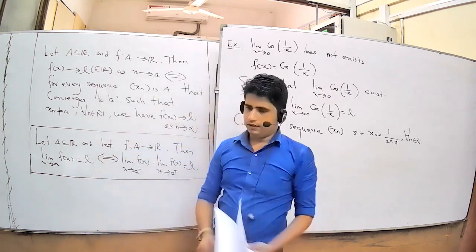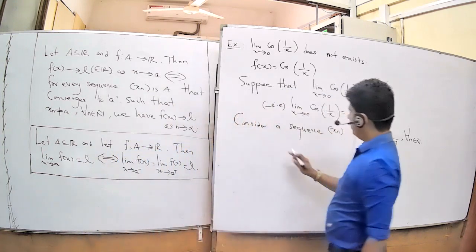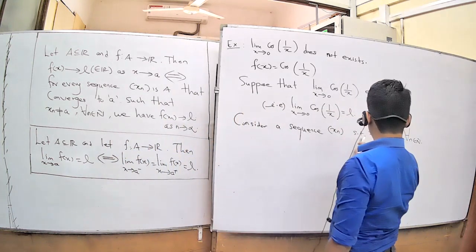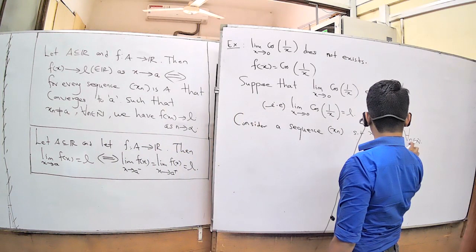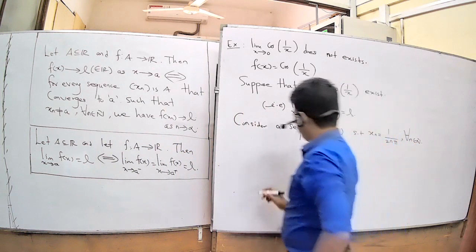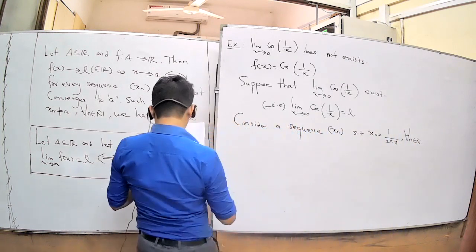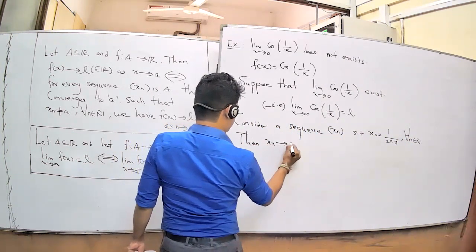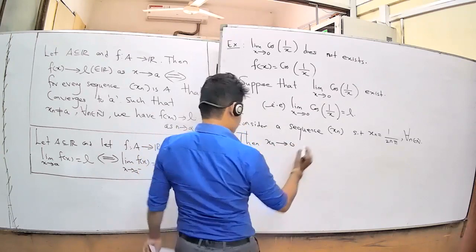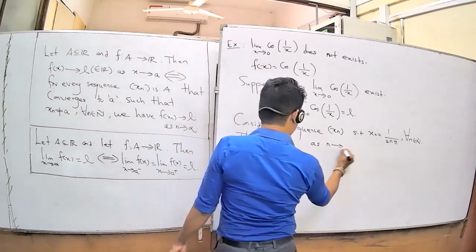Here, consider the sequence Sn such that Sn equals 1 over 2n pi for all n belonging to the natural numbers. Now your Sn tends to 0 as n tends to infinity.